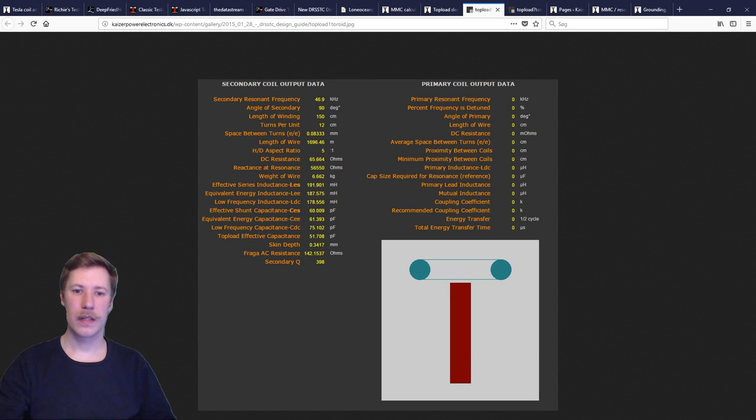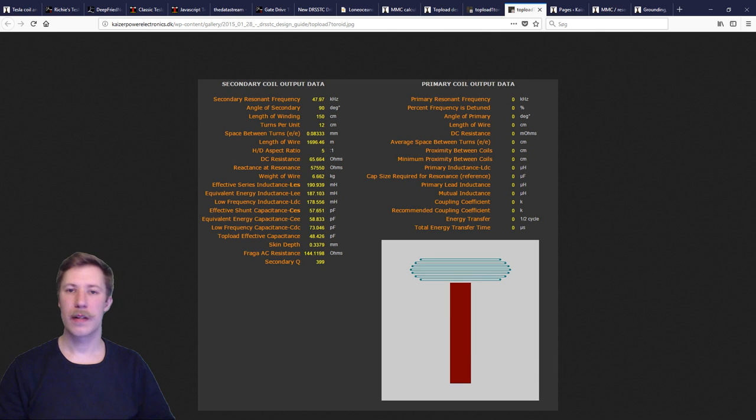So if we look at the effective shunt capacitance CES, which is 60 picofarads here, and we take a look at the skeleton, which is made up from 7 individual rings of a thinner pipe, we can see that the same effective shunt capacitance is now 57 picofarad.